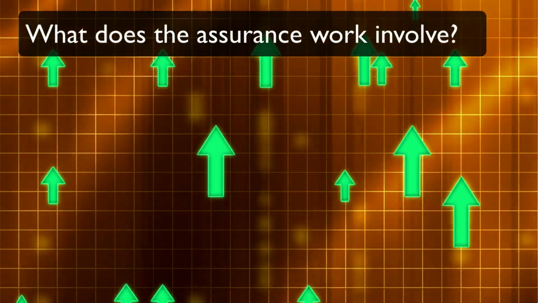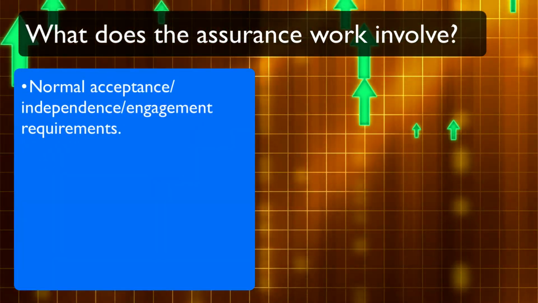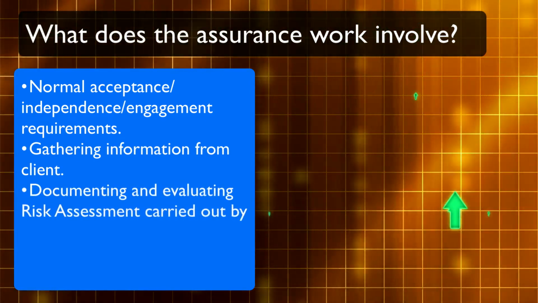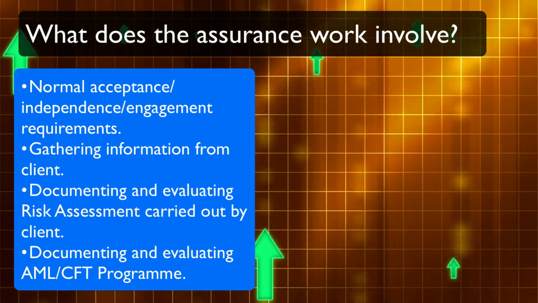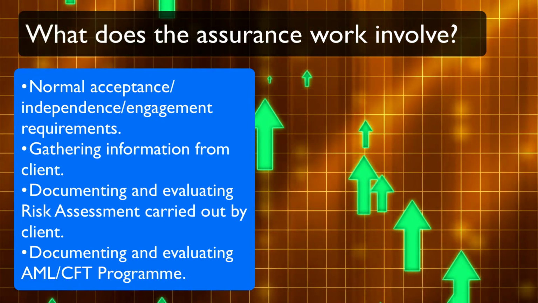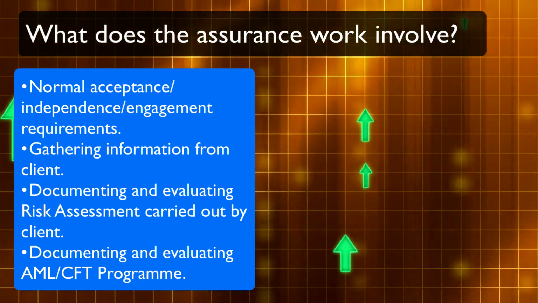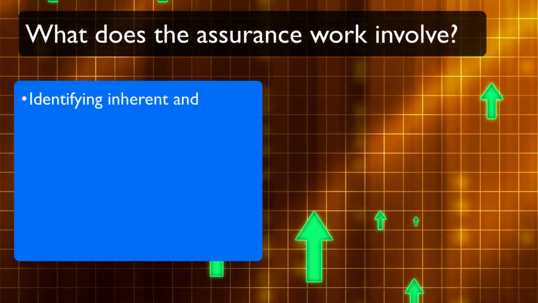So what does the audit or the assurance work involve? There are normal acceptance, independence and engagement requirements as for any assurance work. We then gather the information from the client, we document and evaluate the risk assessment carried out by the client, and then document and evaluate the AML CFT program to make sure that the program is based on that risk assessment.